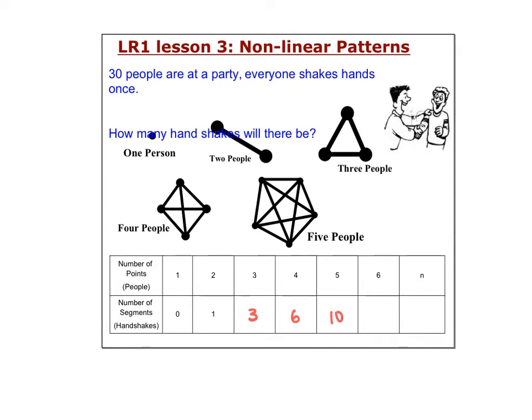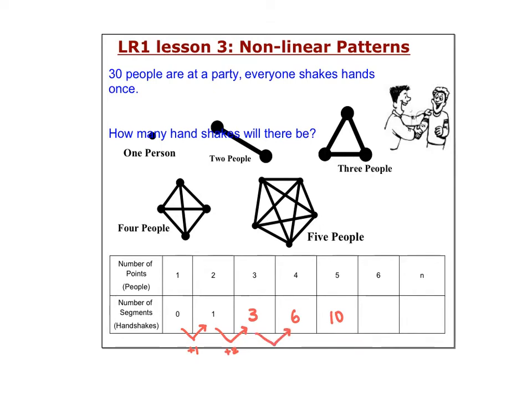Let's look at the pattern of how this nonlinear sequence is changing. You can see with the first point that there's 0 handshakes. We increase the number of handshakes when there is a second person added by adding 1 handshake. When there's a third person added, we add 2 more handshakes.